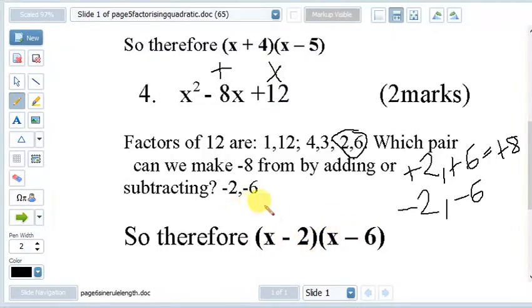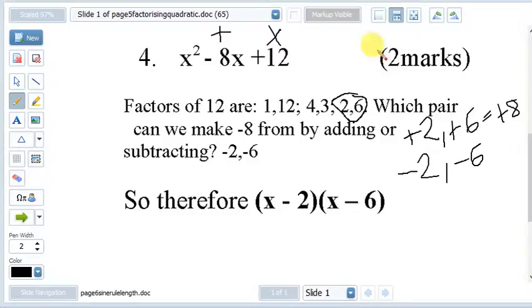Okay, so let's just test that these double brackets, when we expand them out, give us this, x squared minus 8x plus 12. Okay, so this is our factorisation complete, but we're just going to have a quick check.